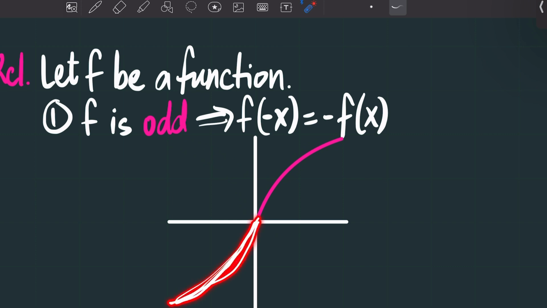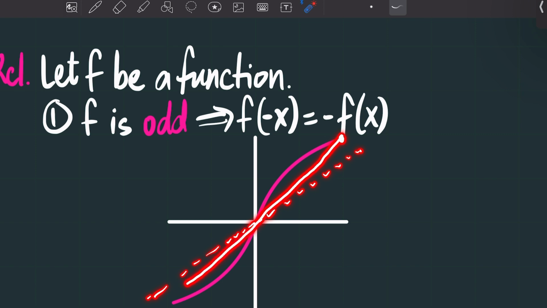So, basically, yung symmetry ng ating function is along a diagonal. Since this one, i-reflect mo ng pa-diagonal na paganito. So, ito yung ating axis of symmetry. Itong point na to, mapupunta doon. Tapos, itong point na to, mapupunta somewhere here. So on and so forth. So, yan yung ating odd functions.